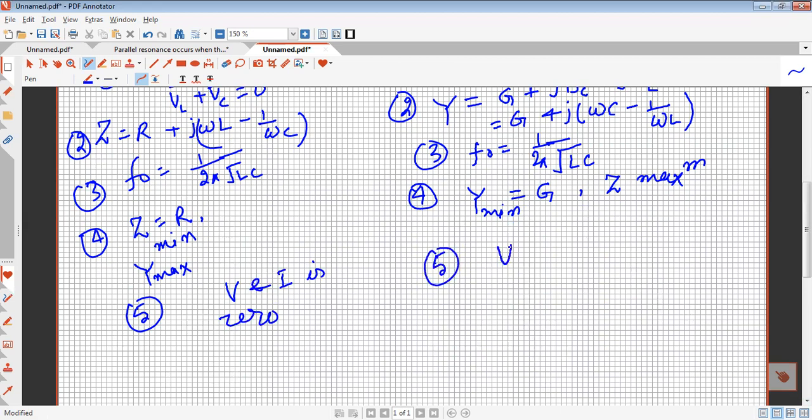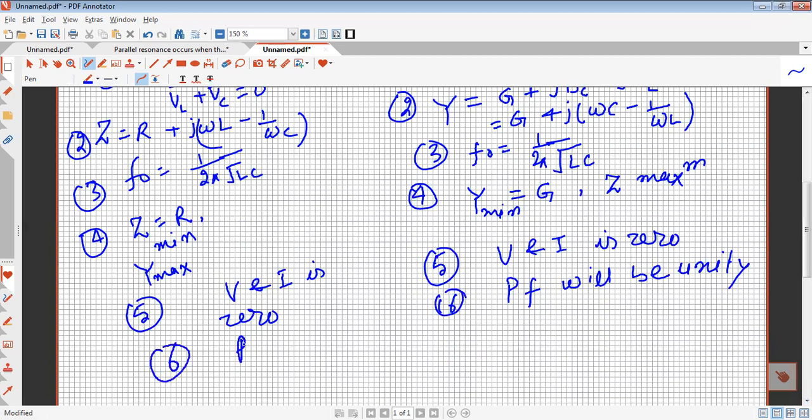The phase difference between voltage and supply current is 0, so the power factor will be unity. Here also the power factor will be unity. So these are certain differences between series and parallel resonance.